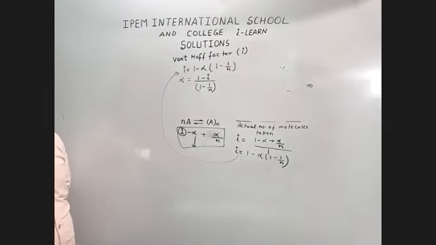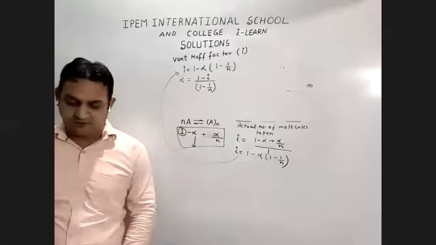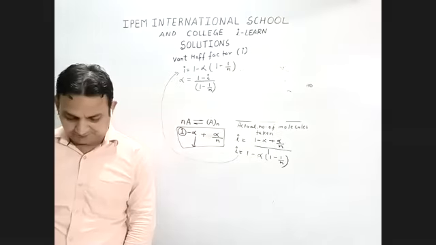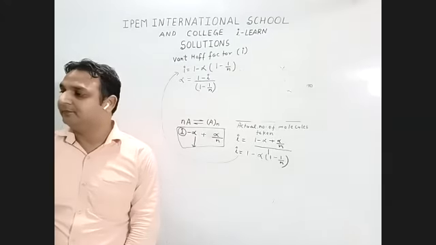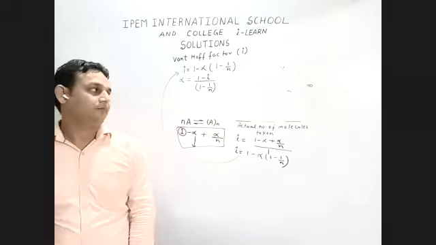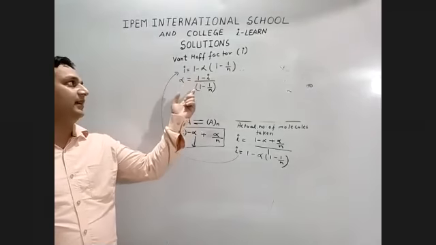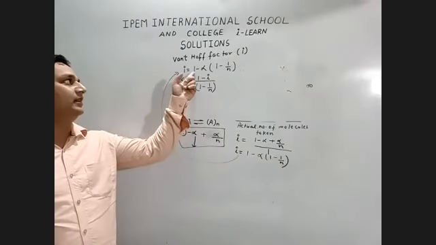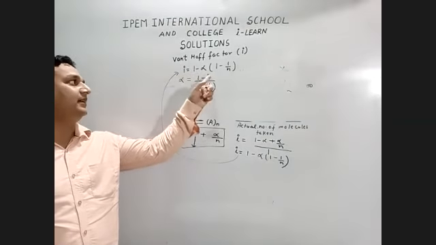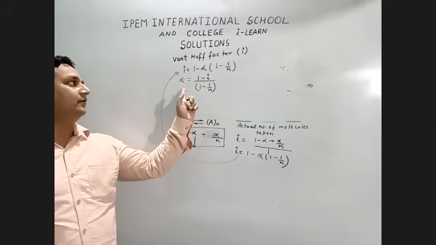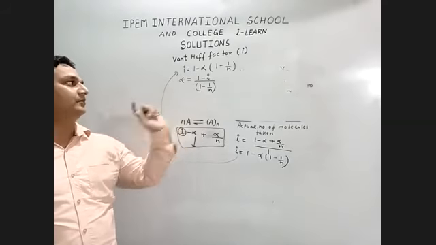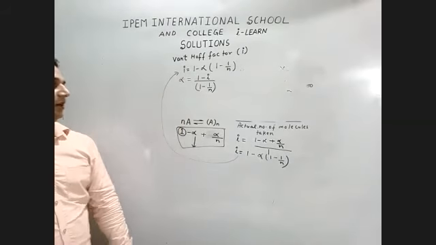This is the formula for calculation of degree of association. Got it clear? 1 minus i means 1 is here, this will come here, so minus i, and this will go here, so alpha (1 minus 1 upon n).